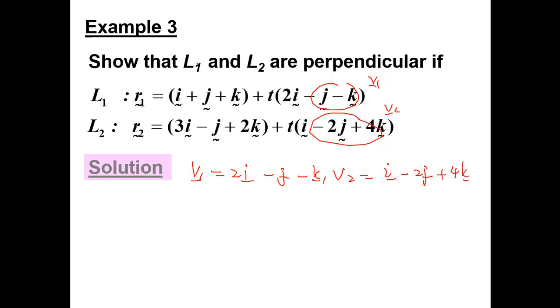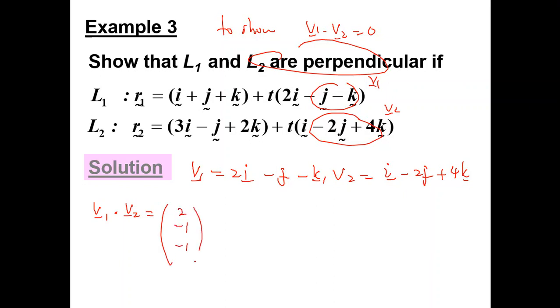To show perpendicular, show V1 dot V2 is equal to 0. Starting from the left hand side, V1 dot V2. Vector V1 in matrix form is 2, -1, -1, dot 1, -2, 4. So 2 times 1 is 2, -1 times -2 is 2, -1 times 4 is -4.